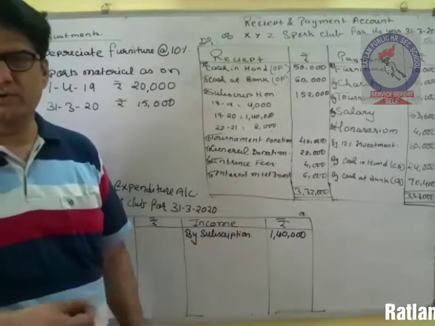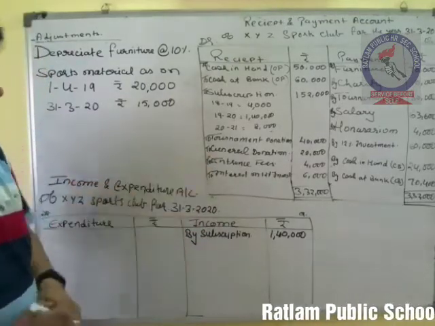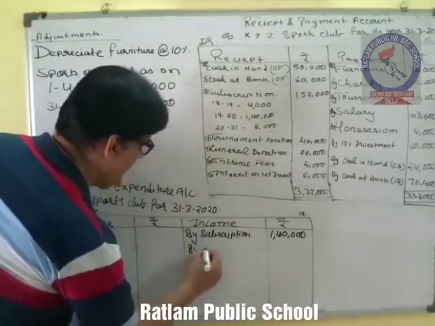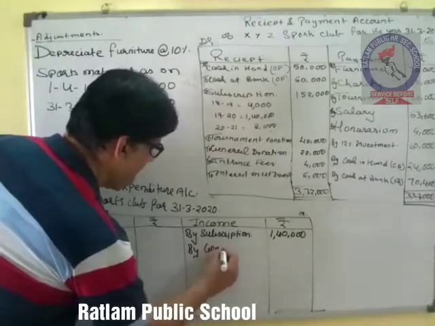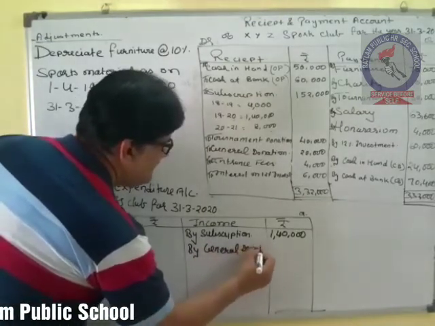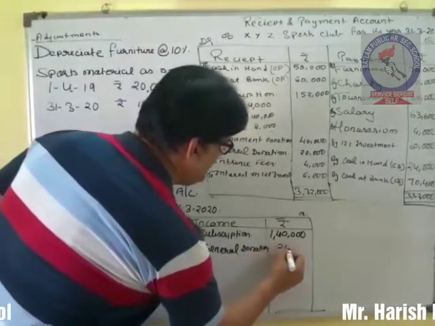But we have to write a note at the end about what we are doing. In this case, we will be recording it in the income and expenditure account. General donation, that is 20,000.